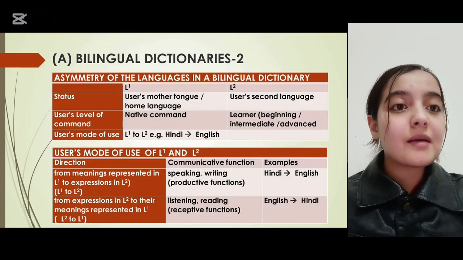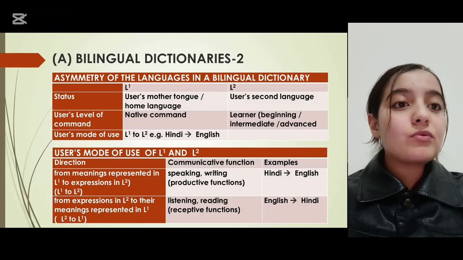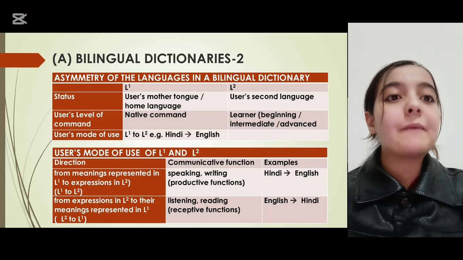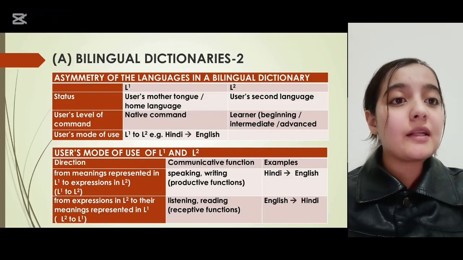One segment of the bilingual dictionary is to move from L1, that is from concepts or meanings expressed in L1, to expressions, that is vocabulary and other expressions in L2.